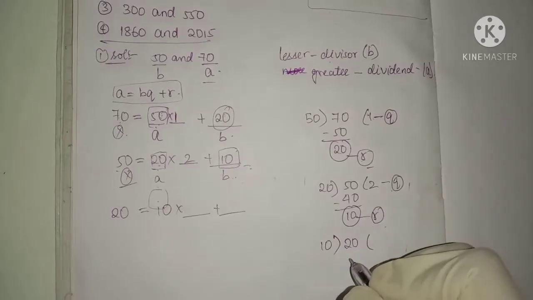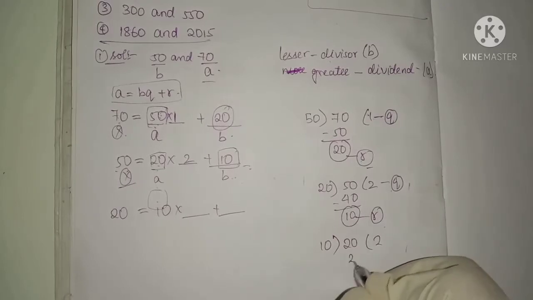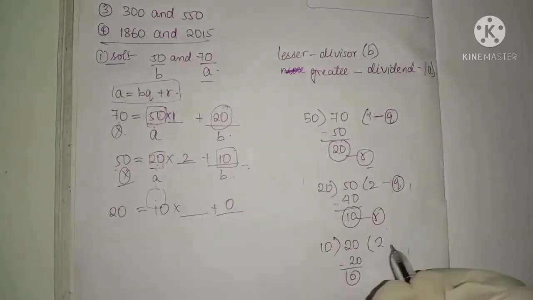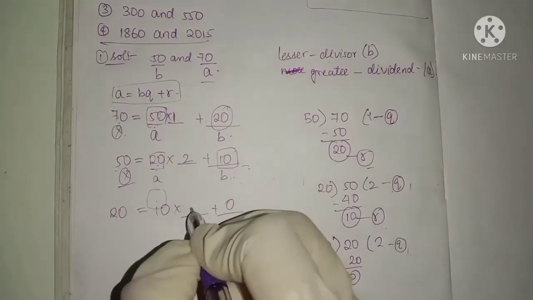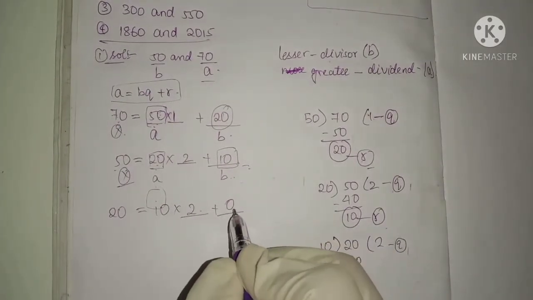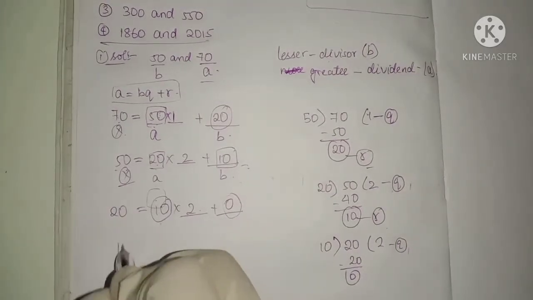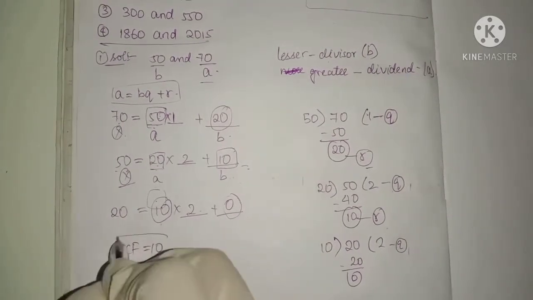Let us divide 20 by 10. 10 twos are 20. We got the remainder as 0, and the quotient is 2. As I said before, if the remainder is 0, then the divisor becomes the HCF. So the HCF for this is 10.